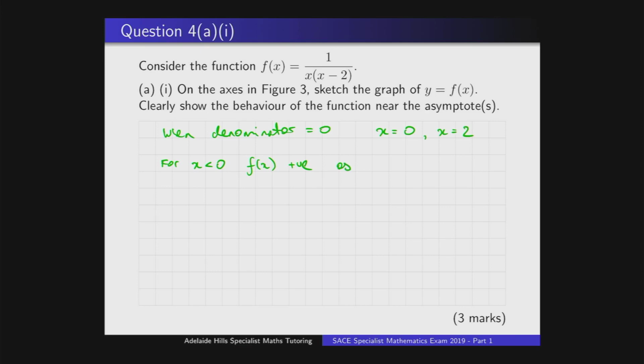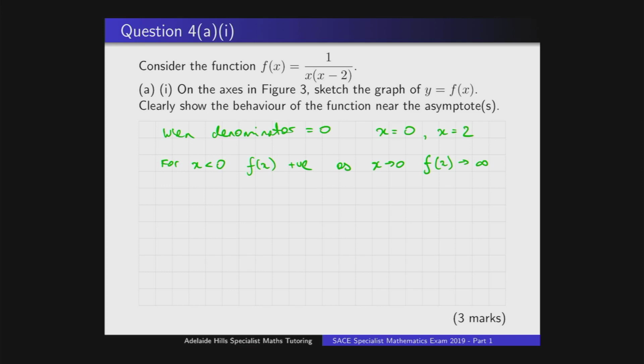So as x goes up to 0 in this range, the denominator is going to 0, so f of x is going to infinity, and it's in fact going to positive infinity. It goes to positive infinity because the denominator is always positive on that side.